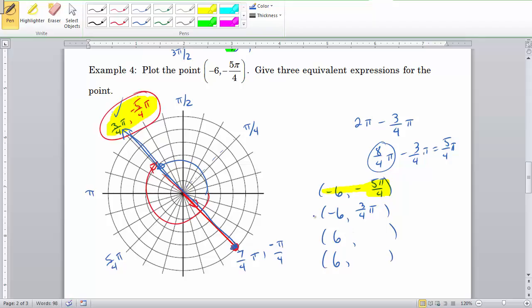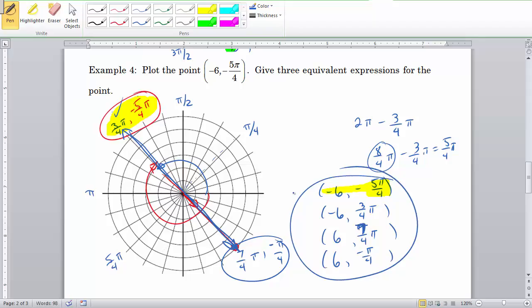And now with the positive, I want to use these 2 because I'm going toward those angles. Okay, that's really a 7. Okay, so we have 7 fourths pi and negative pi over 4. And those are my equivalents in radians because that's what I started out with.